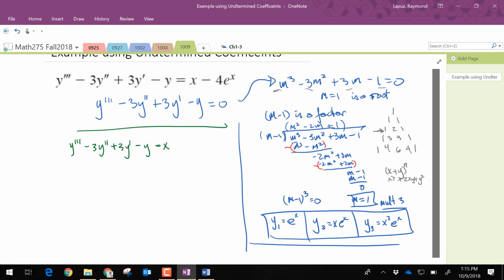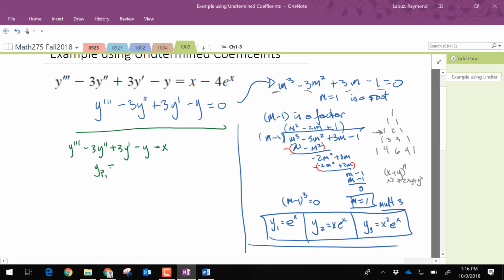Fortunately, x is not linearly dependent with any of our fundamental solutions, so we can just take a guess of what our solution is going to be. So y sub p, and I'll put sub 1 here because we have 2 different particular solutions that we're dealing with, is equal to what? Ax plus b. It's a linear term.